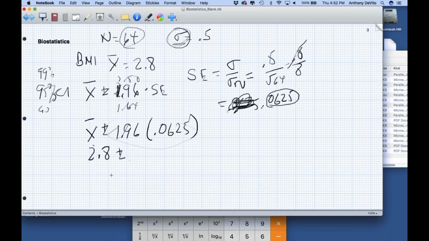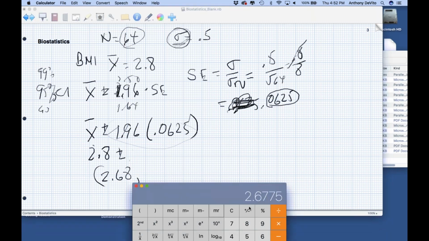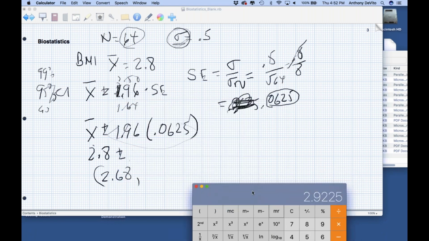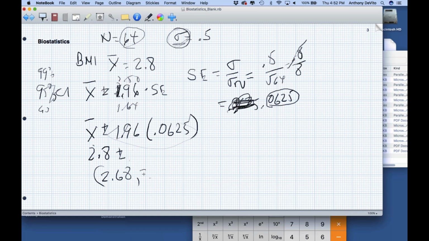Now we add it: 2.8 plus our margin of error is 2.92.